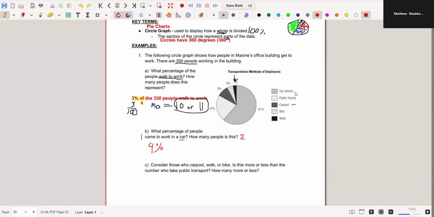Who carpool or who car alone. So I need to add these up, right? So actually it's 61% who drive themselves and 9% who carpool. It's 70% come in a car. So you have to read it carefully. Even I just made that mistake there, right? So now, how many people is that?